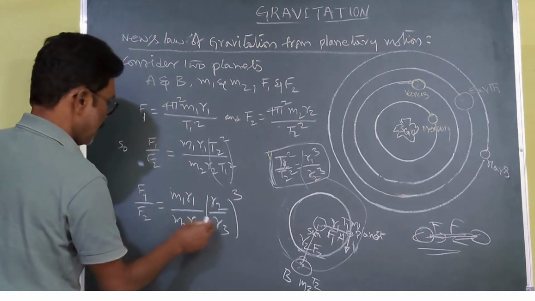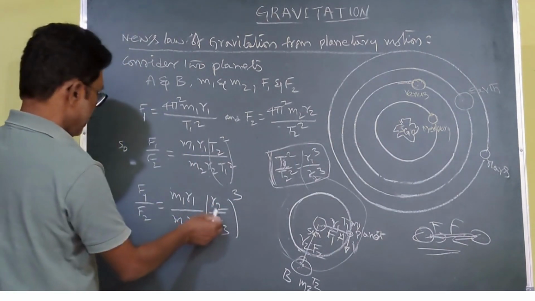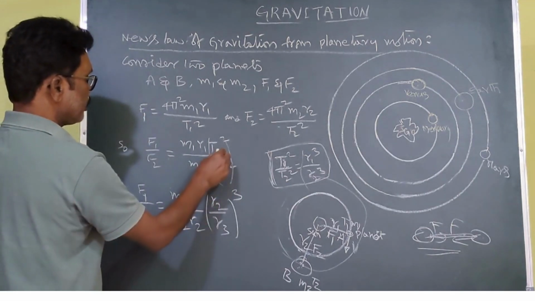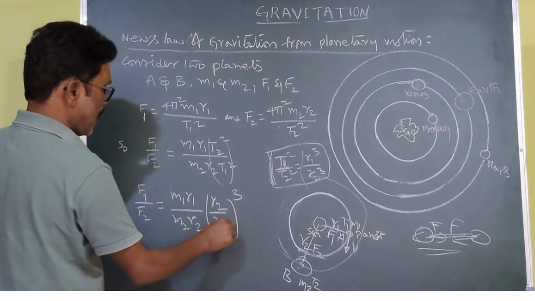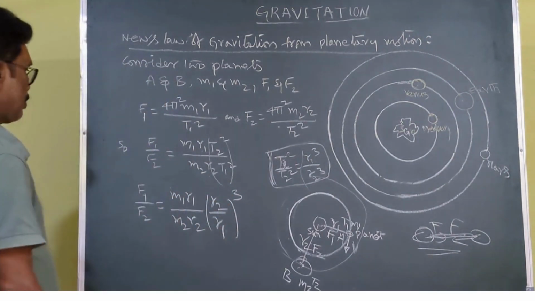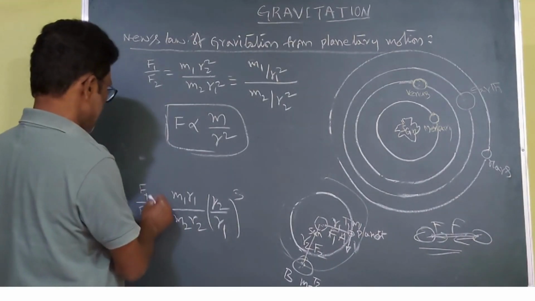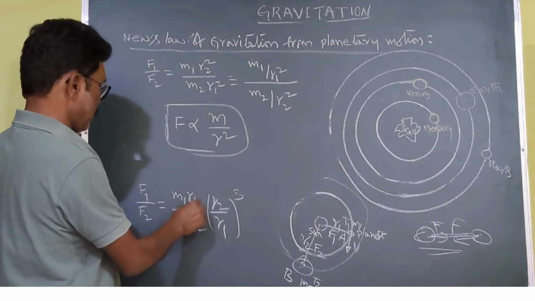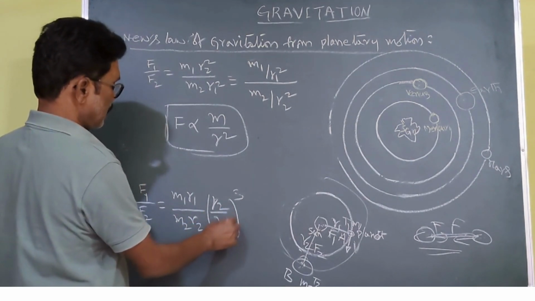So this equation is written in this form: T2 divided by T1 whole square replaced with R2 divided by R1 whole cube. So the equation is F1 by F2 equal to m1 r1 divided by m2 r2, into R2 divided by R1 whole cube.